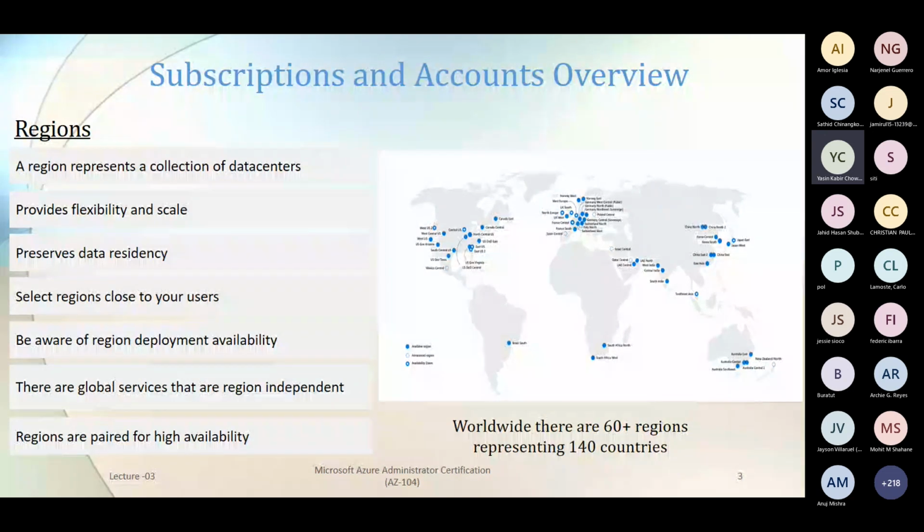Suppose you are in Asia, so you can select the region of your resources in East Asia or Asia Pacific. Or if you are in the US, then you can choose your resources from the US.